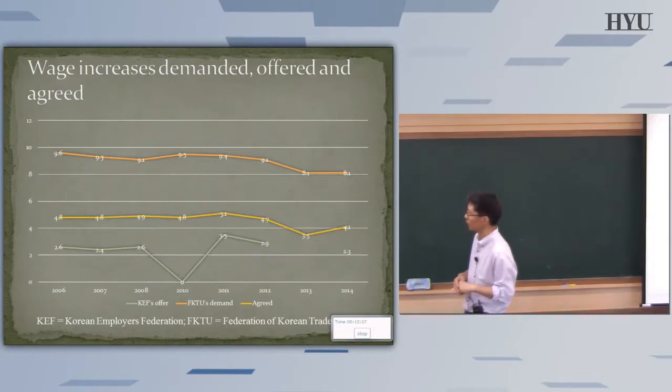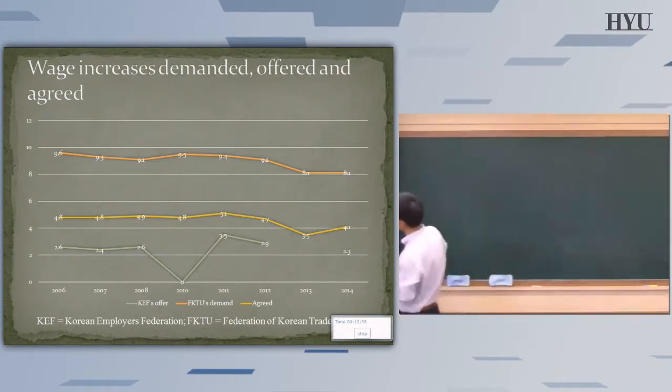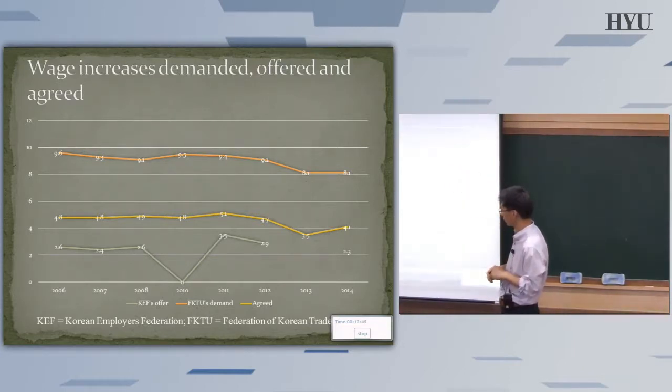This next chart shows the usual or average outcome of wage bargaining between union and management. The uppermost line shows the Korean Federation of Trade Unions' average wage increase demand.